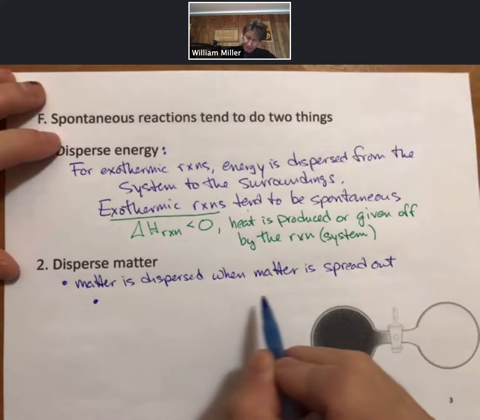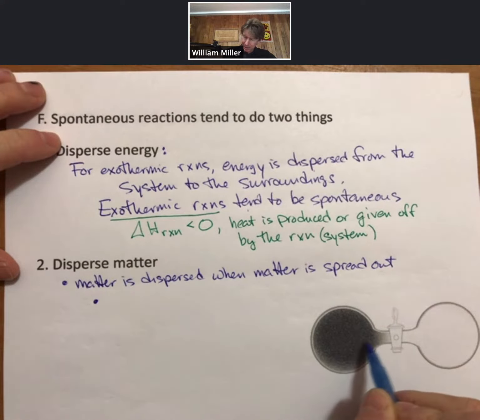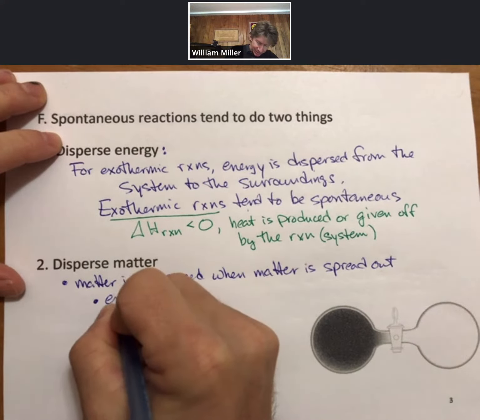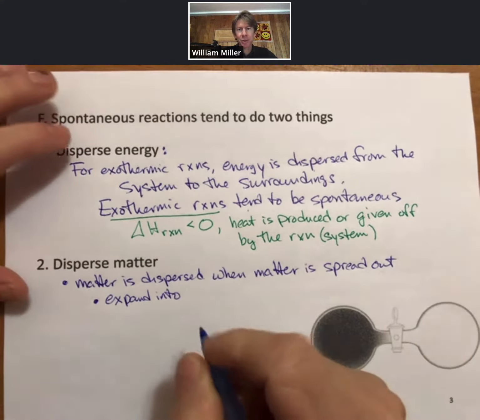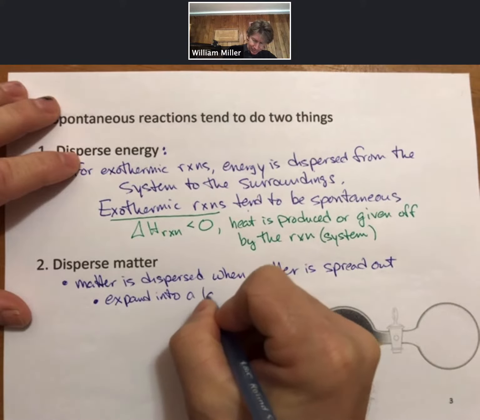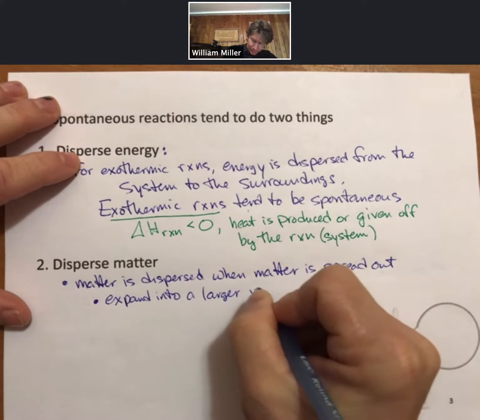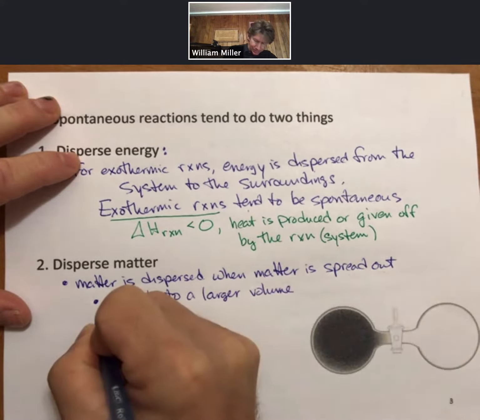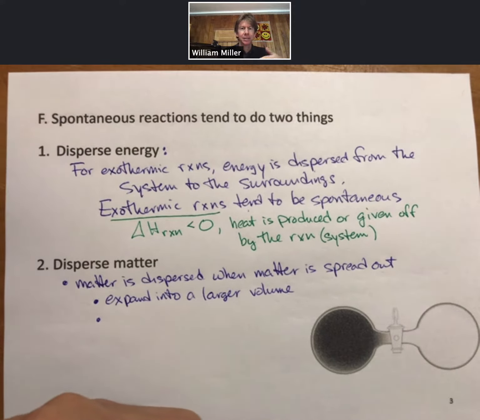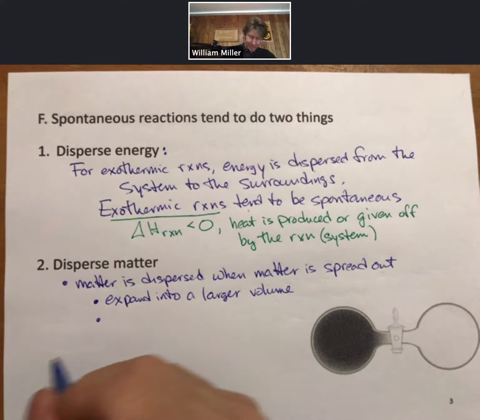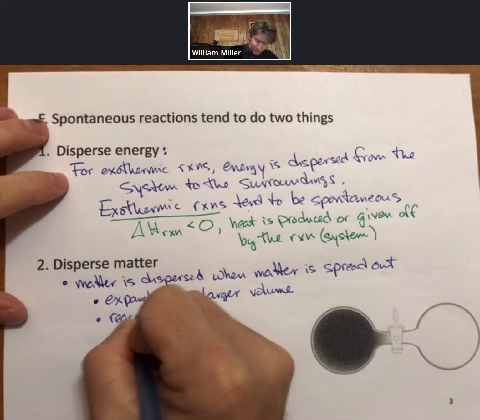So matter is dispersed when matter is spread out. It can expand into a new space, or let's say this, expand into a larger volume. It can react into more pieces, react into more particles.